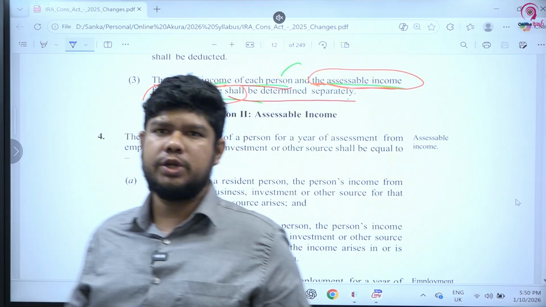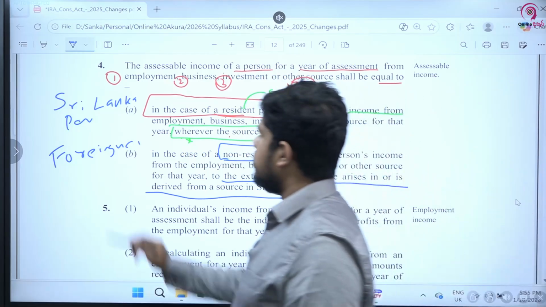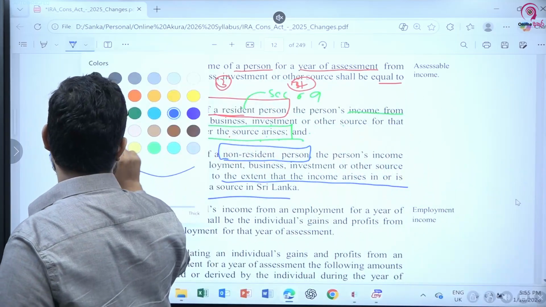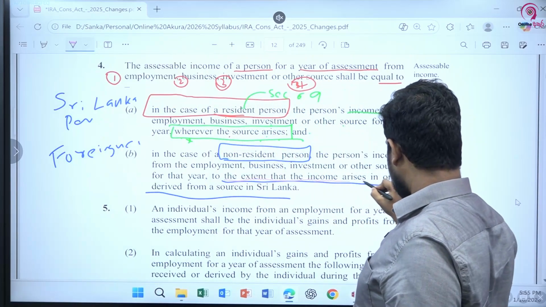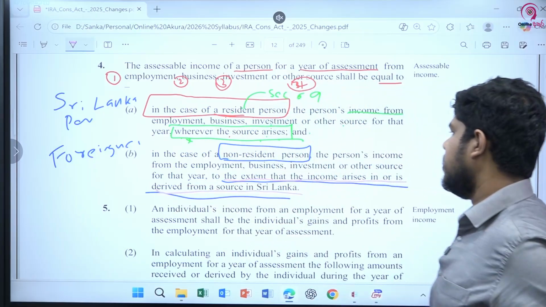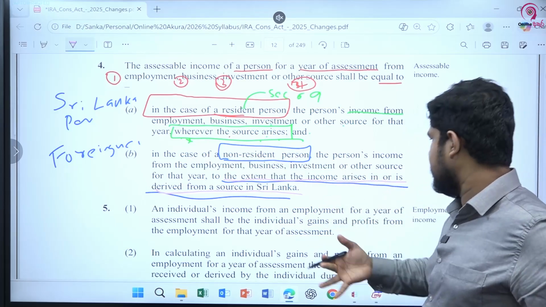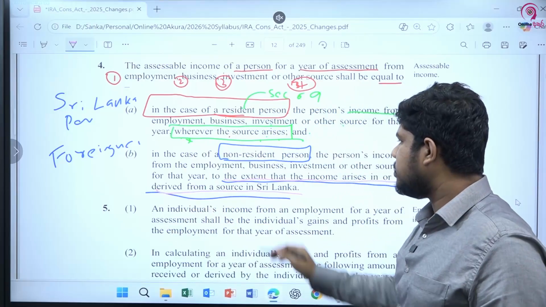The person's income from employment, business, investment or other sources for that year, to the extent that the income arises in or is derived from a source in Sri Lanka. That wording is very important. Income should arise in or be derived from a source in Sri Lanka.